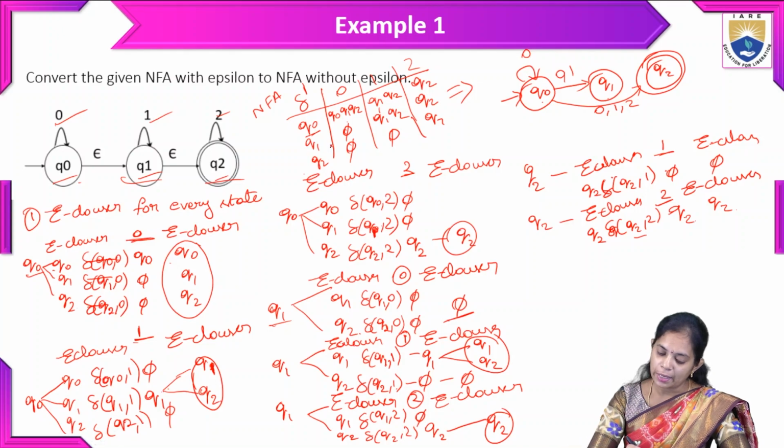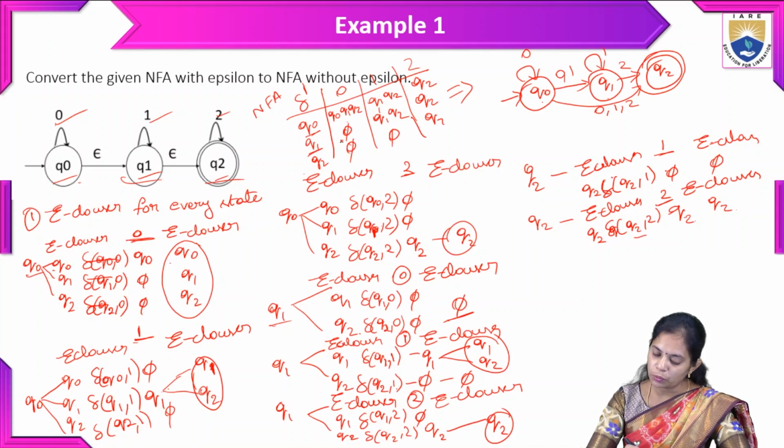And we will write the same thing for the Q1 state. So Q1 on 0, nothing. Q1 on 1, it is a self loop with the 1 input symbol. And Q1 on 2, we write the 2 symbol from Q1 to Q2.